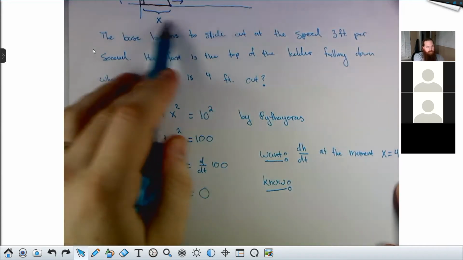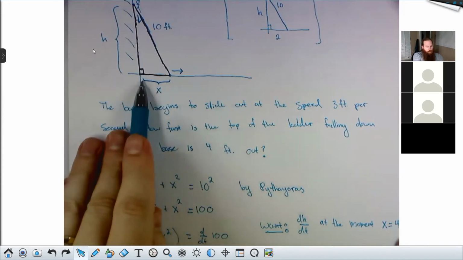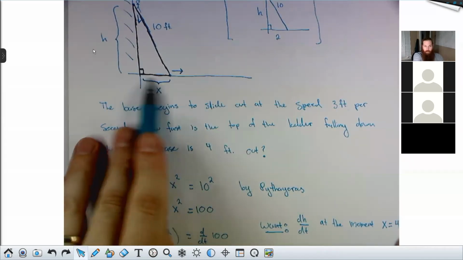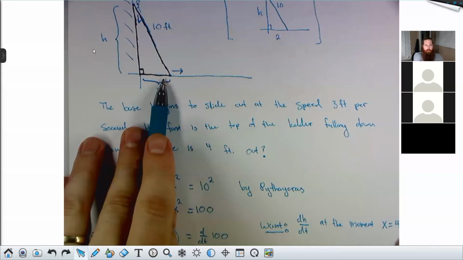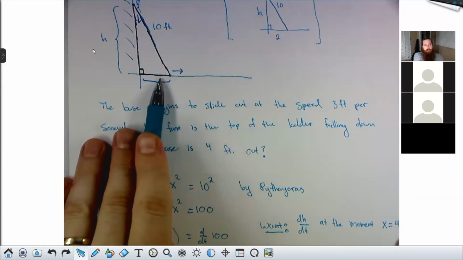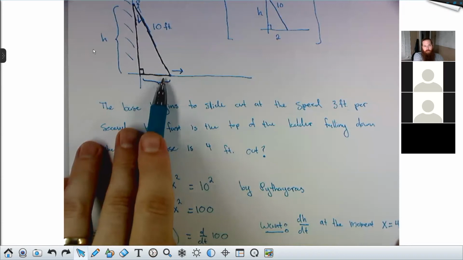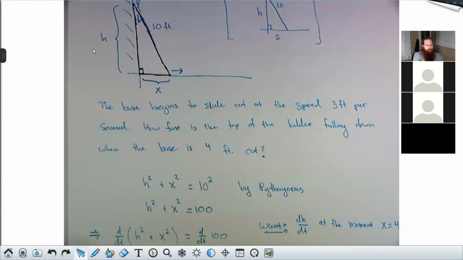Because x, this distance here, look back at this picture, the distance between the wall and the base of the ladder is growing. So dx/dt is positive, right? If this was coming in towards the wall, dx/dt would be negative because this distance would be shrinking. But since this distance is growing, dx/dt is positive, and I know exactly how fast it's growing.